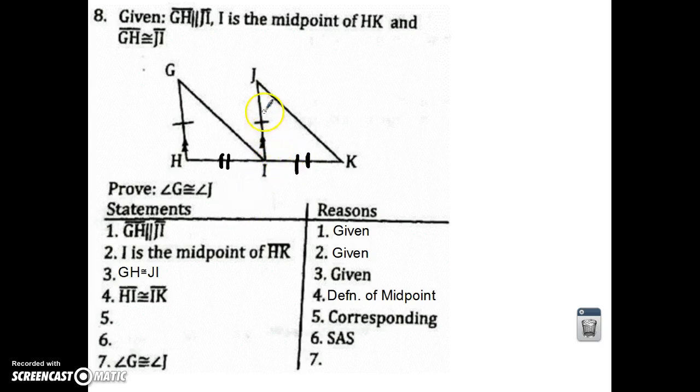So we have two lines that are parallel to one another and a transversal cutting them. So let's take a look at it. We do have one. We have that angle H, which is here, is corresponding with angle I, but this is a certain side of I. So let's write this up.